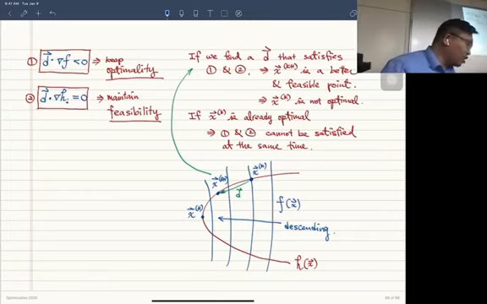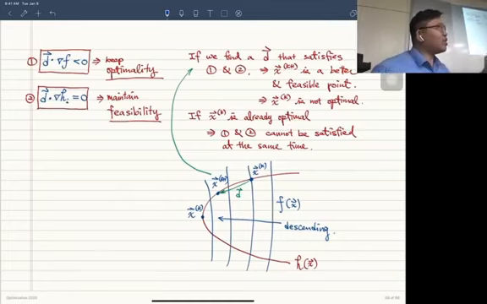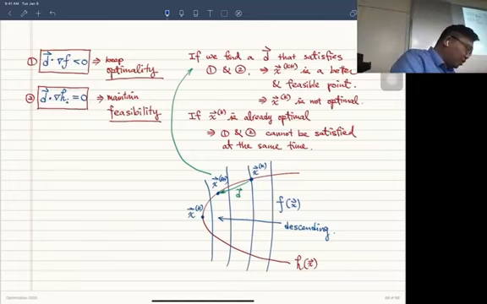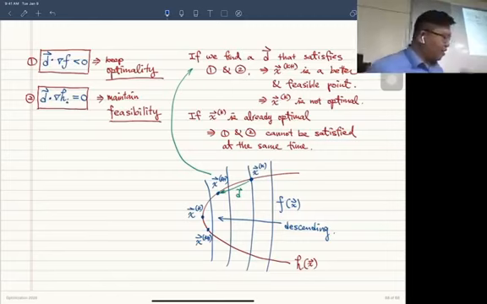If you would like to find another feasible point, any point other than this xk will have a higher function value. So when you have another feasible point like that, it's actually a worse design.